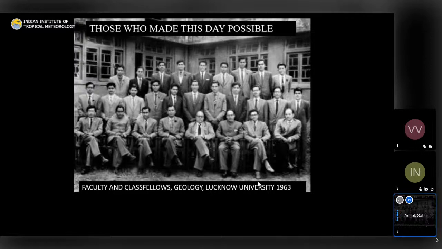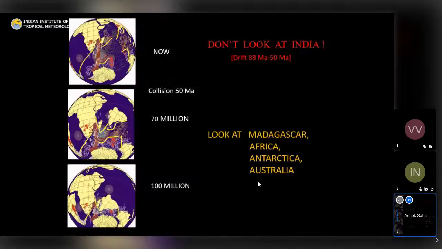I'm now going to start my talk. And as I said, my talk is on how biodiversity of India is very special, because India is very special in this regard. So my talk straddles biodiversity, climate, and the drift of India. There's a general concern about the loss of biodiversity these days, both on a global, regional, and on a local scale.